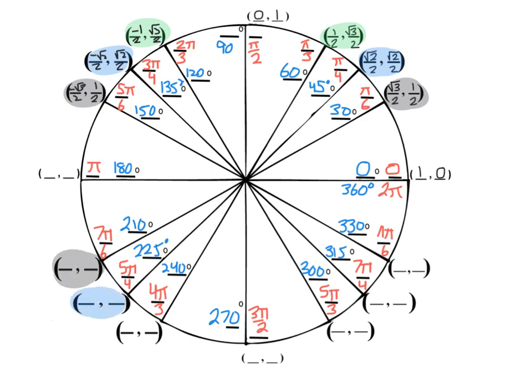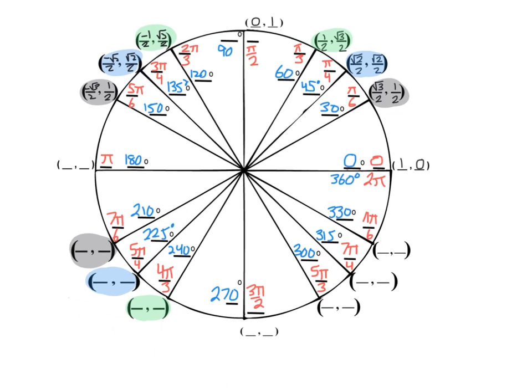This matches with the other 45s. This matches with the other 60s, except since we're going left and down, both x and y are negative. So this is negative root 3 over 2, negative 1/2, negative root 2 over 2, negative root 2 over 2.